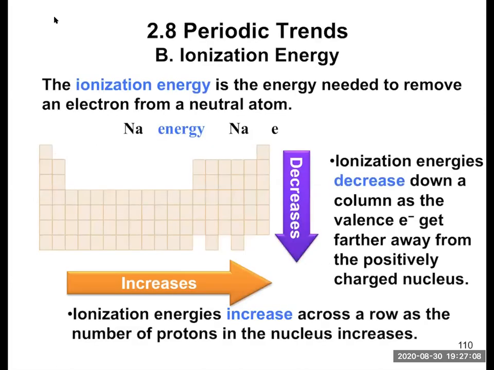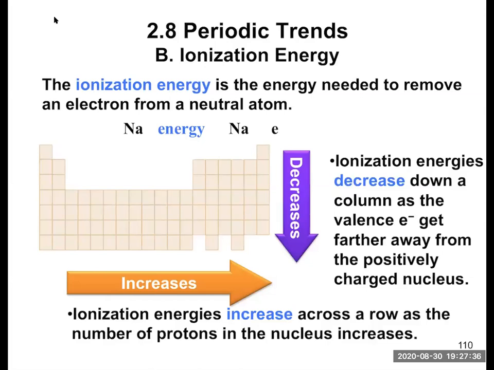The other trend that you have to know is the ionization energy, and also the definition, which is the energy needed to remove an electron from an atom that is neutral. So something that is neutral, and you want to take an electron, how much energy do you need? Like if someone is satisfied with their life, how much energy do you need to go rob them, right?